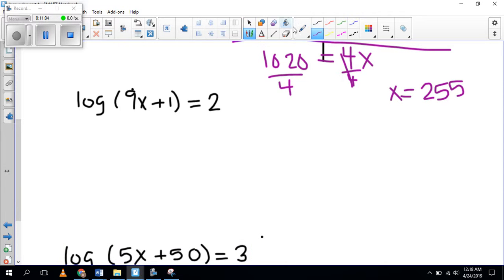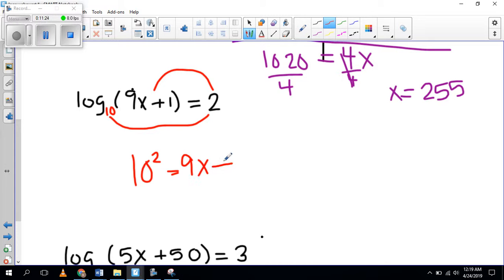So if we look here, same kind of scenario. There's no 10, no base, so we put 10. So I'm going to rewrite 10 to the second equals, because we're going to go over the equal sign to here, 9x plus 1. And we're going to solve this baby.